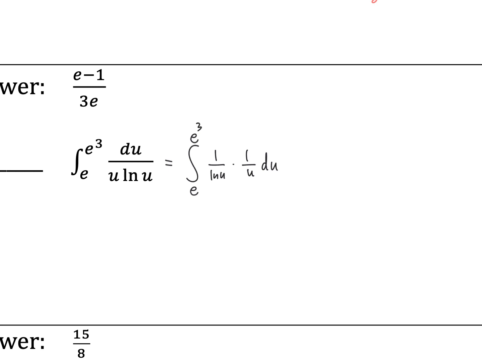So that's what we'll make v. dv is 1 over u du. Okay, so now when we substitute, v is ln u, so this will become v down here. And then all of this, according to this, is dv. So this is 1 over v dv.